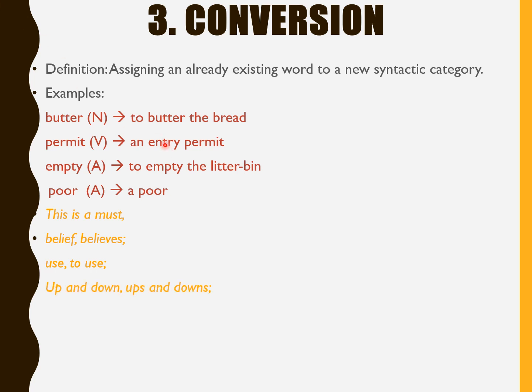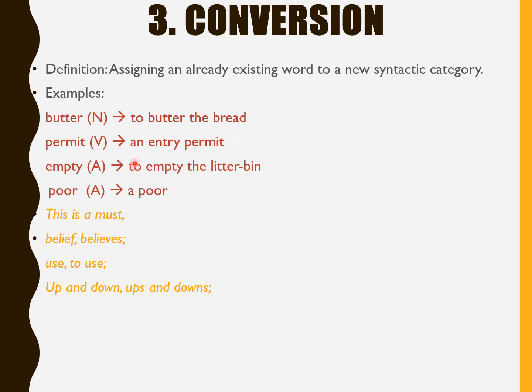Conversion involves the change of a word from one class to another. So here are the common examples for conversion. Butter turned into the verb form to butter. Permit became a noun form.